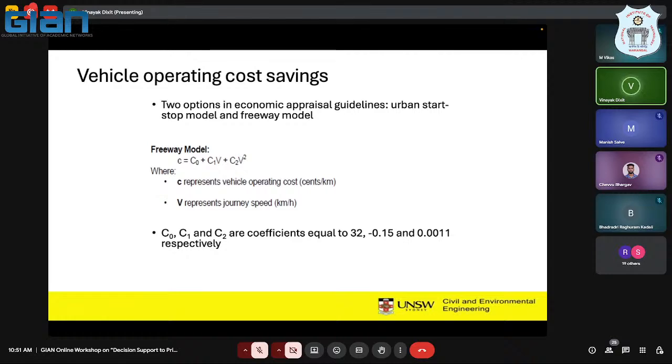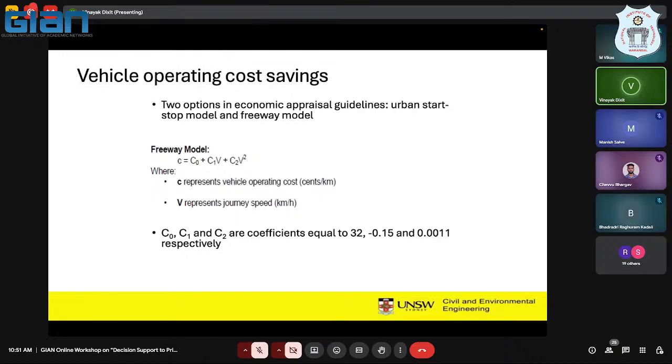This one basically talks about how you identify vehicle operating costs. Vehicle operating costs are generally empirically determined for each type of vehicle. Now you'll have a different formula like this based on the journey speeds for a car, for a truck, for a utility vehicle.